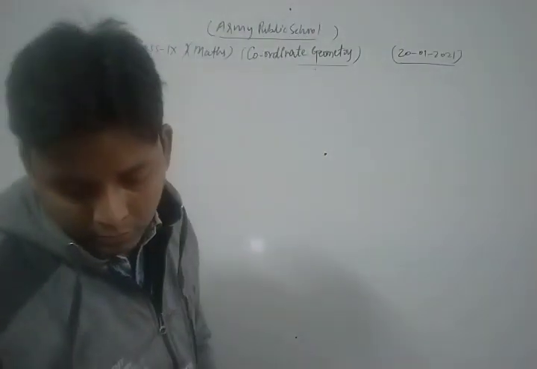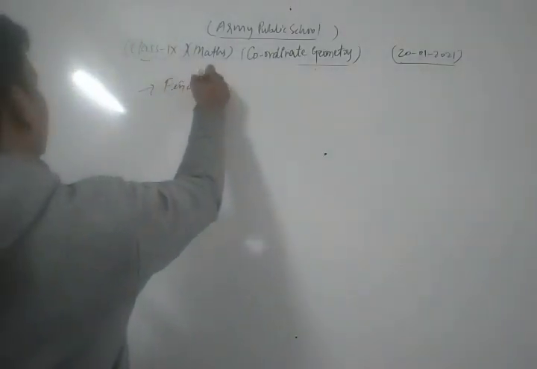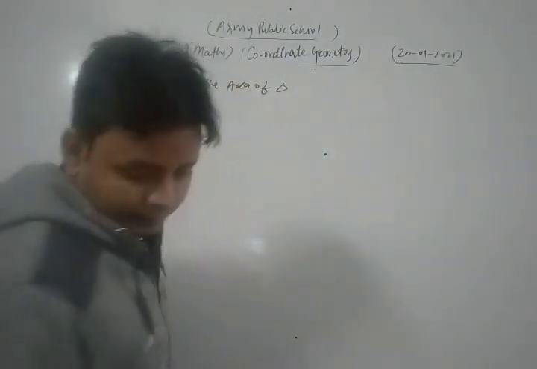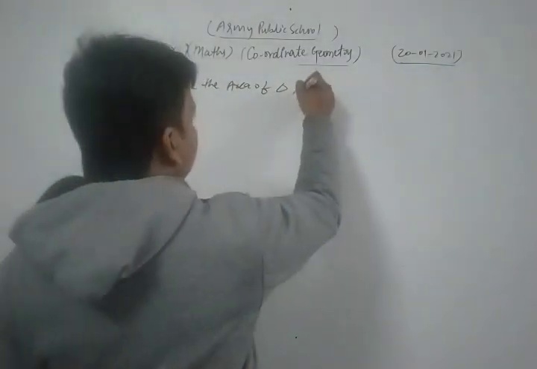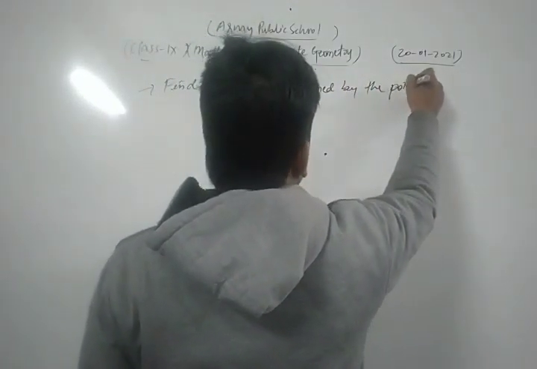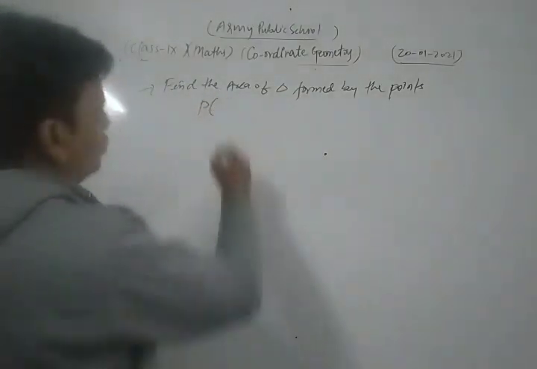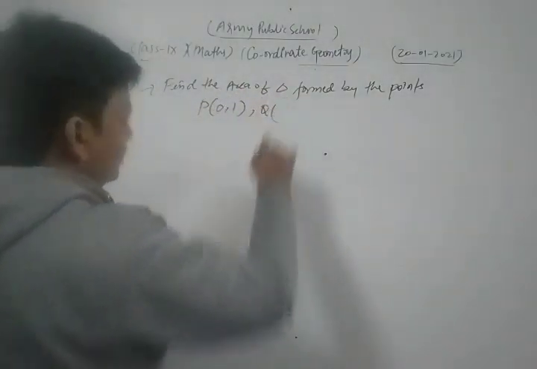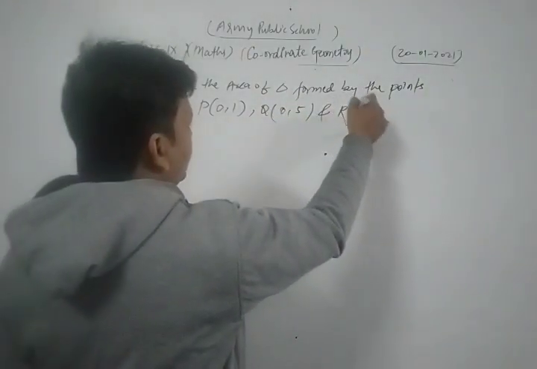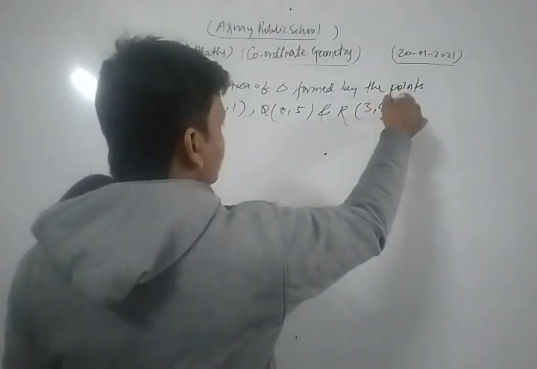Let's see, dear students: find the area of the triangle formed by the points P (0, 1), Q (0, 5) and R (3, 4).